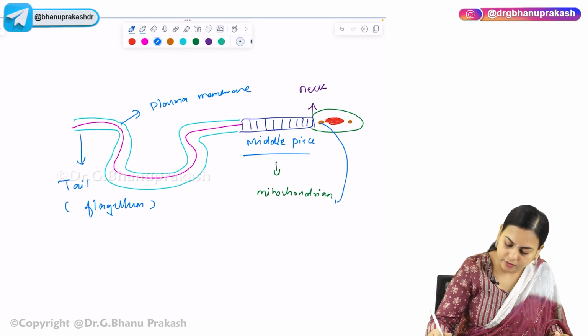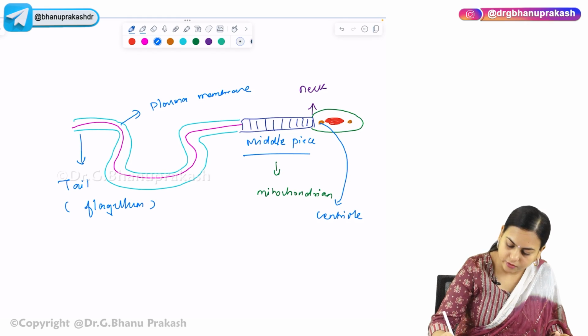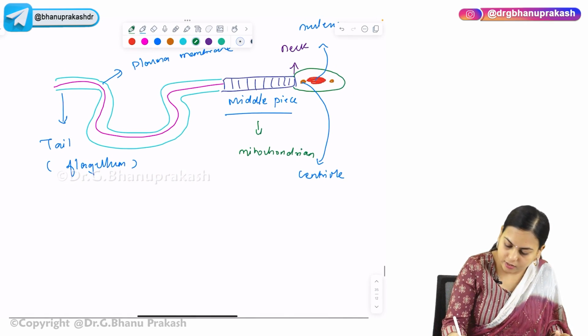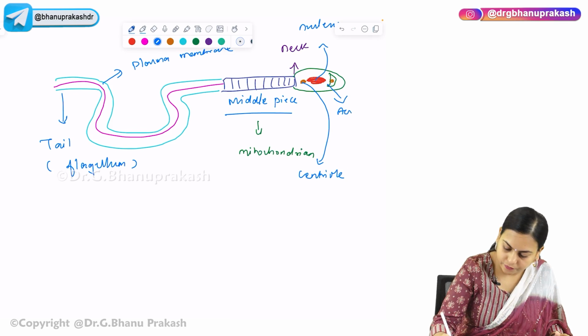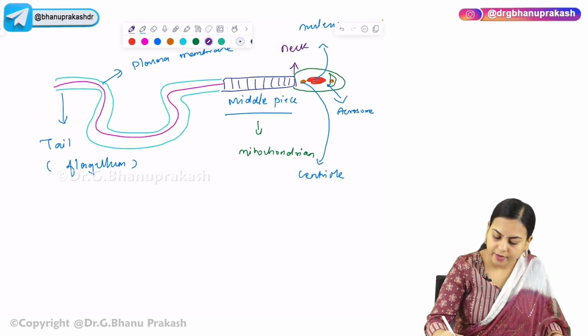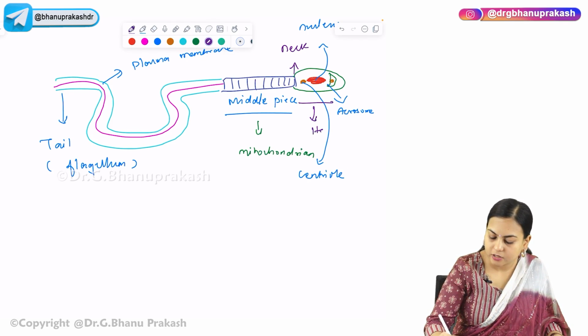There are centrioles, there is nucleus as well. And here, this is the acrosome, and finally this is the head.